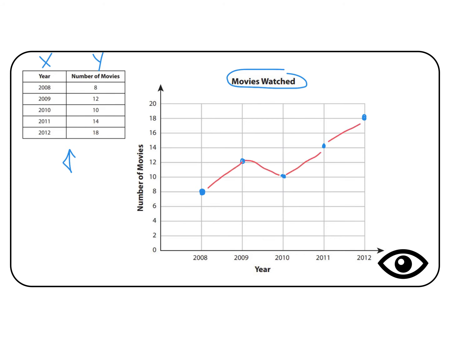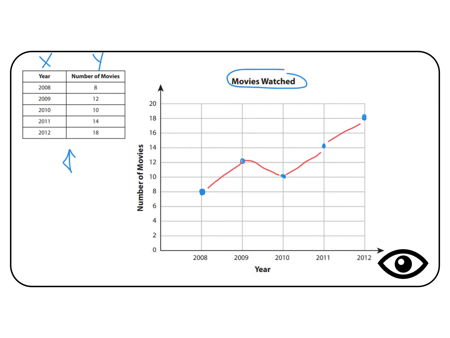And then I could potentially describe, it looks like that on average, these people watched no less than 8 movies and possibly up to 18. Then in 2010, they watched less, but over 2011 and 2012, it went back up. So I can describe the data and this line following the pattern.